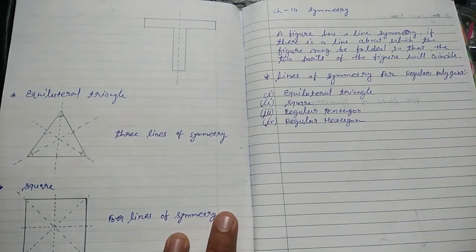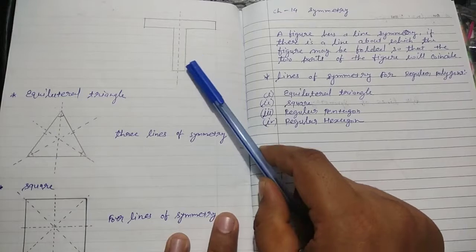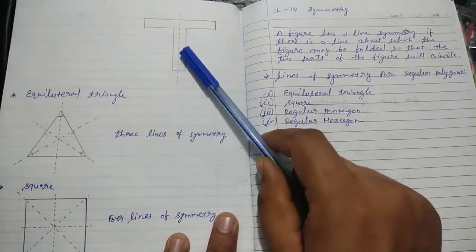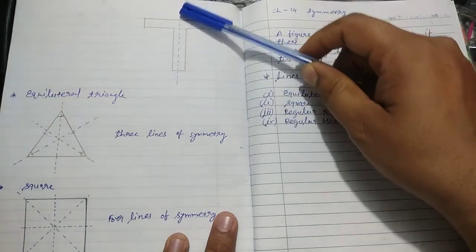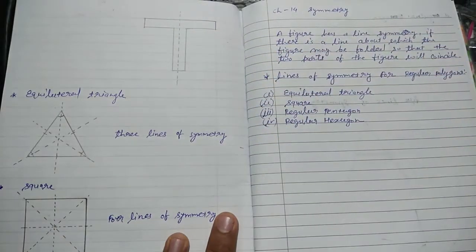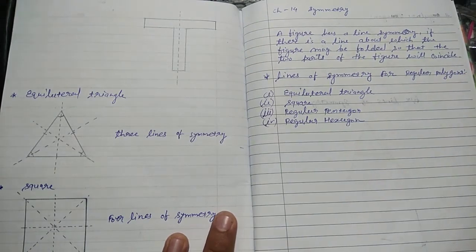Line symmetry. For an example, here you can see this figure looks like the letter D, and this line is called line of symmetry or axis of symmetry.